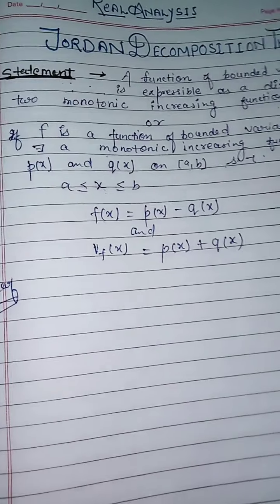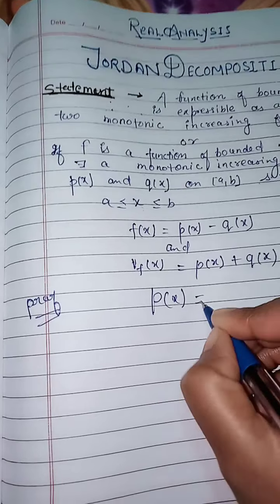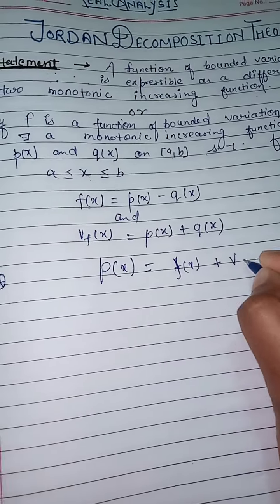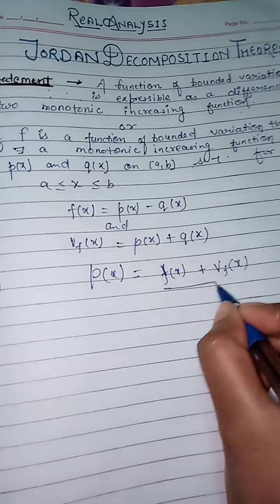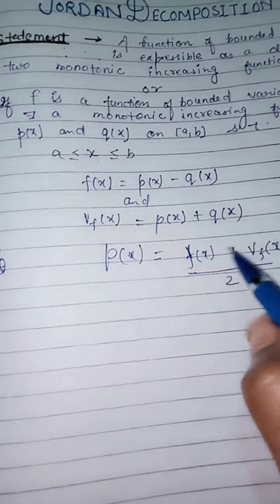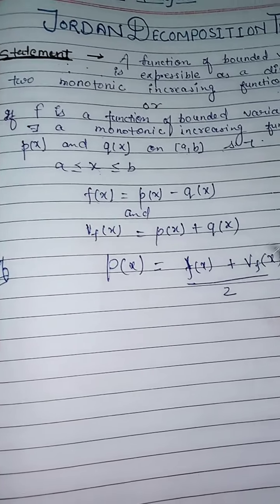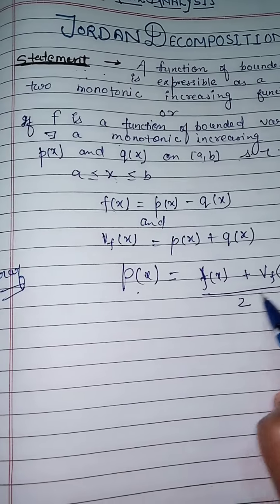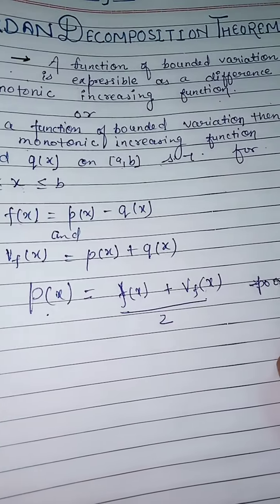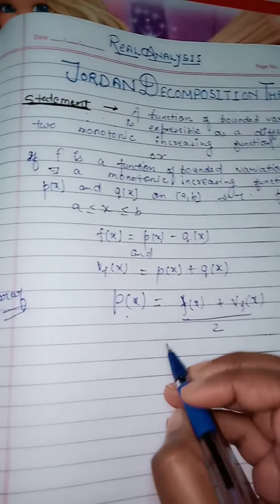In the previous session, you understood that p(x) is equal to f(x) plus V of f(x), which is the variation function, divided by 2. p(x) is a positive function, and f is a bounded function on the closed interval [a, b]. So for p(x) we can write f(x) plus V(x) by 2, which is the positive part, for your understanding.